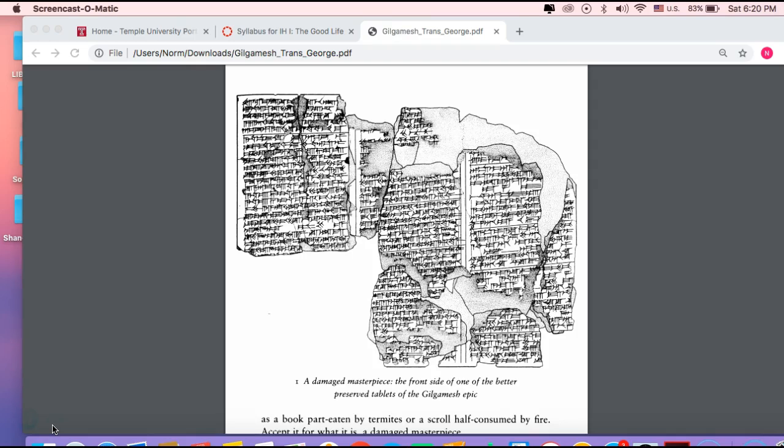Around 100 BC, the last copy of Gilgamesh is rendered, and then Gilgamesh goes dark for about 2,000 years until the 19th century, when European archaeologists dig up the tablets, or remnants of the tablets, and start gluing them together. And this is in the late 1840s.